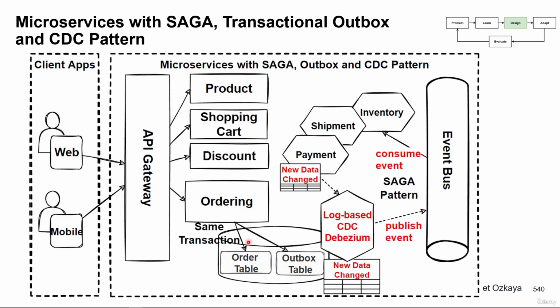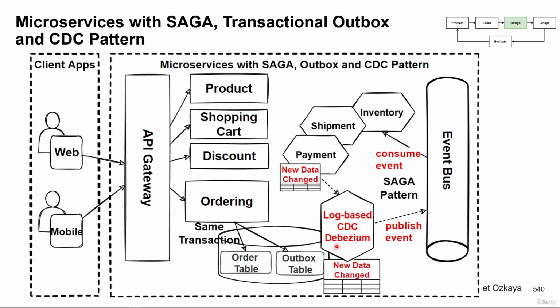After successfully writing the order table and Outbox table, we can perform a log-based change data capture from the Outbox table using Debezium or any change data capture supported database like CockroachDB, CosmosDB or DynamoDB, and create events and insert items into an event bus like an Apache Kafka topic.